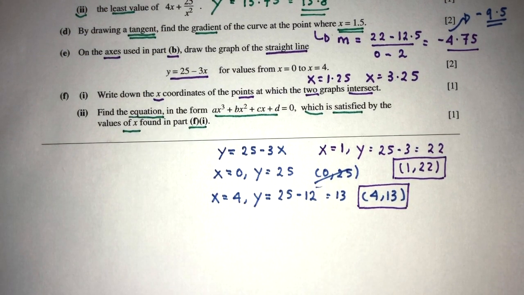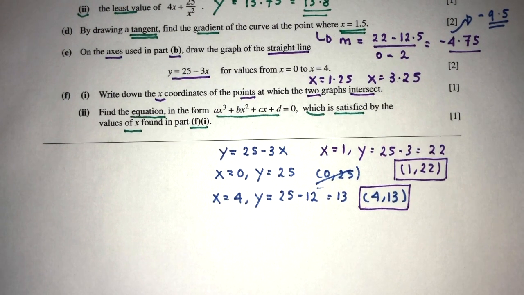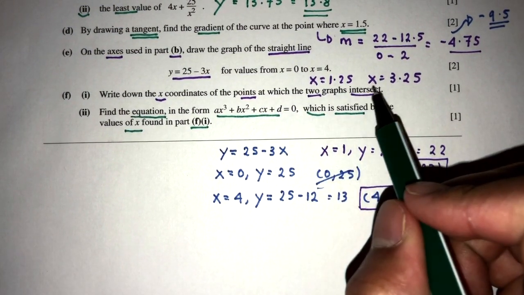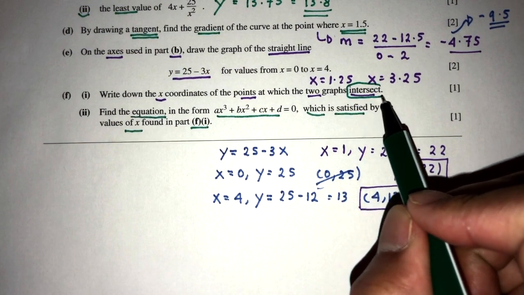Now, the points where the two graphs intersect means we have solved the two equations simultaneously. So the line and the curve cut each other. So whenever you see intersect, cuts or meets, we have to solve simultaneously. So here we have intersect, so we have to think about solving simultaneously.